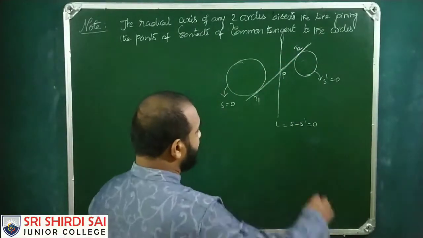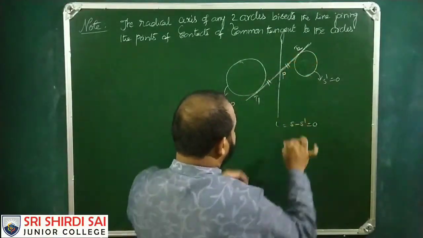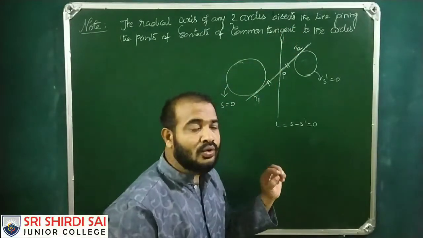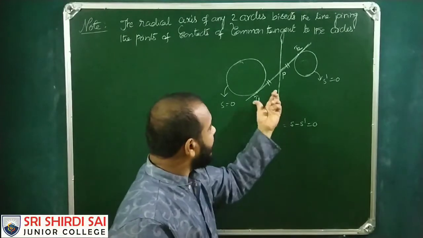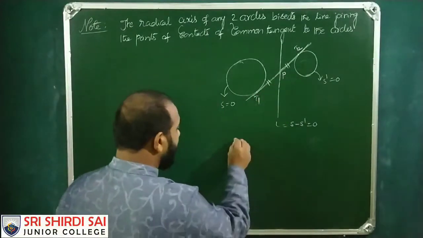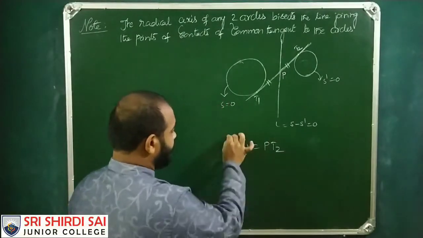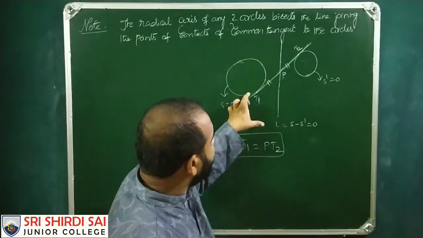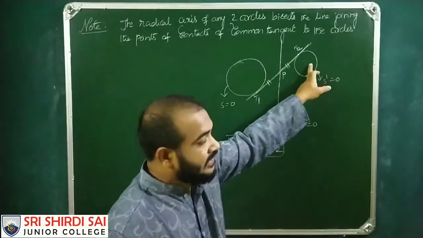It bisects, that means the radical axis cuts T1 T2 into equal halves. Bisects means cutting into two equal parts. So this radical axis bisects the line joining the two points of contact.